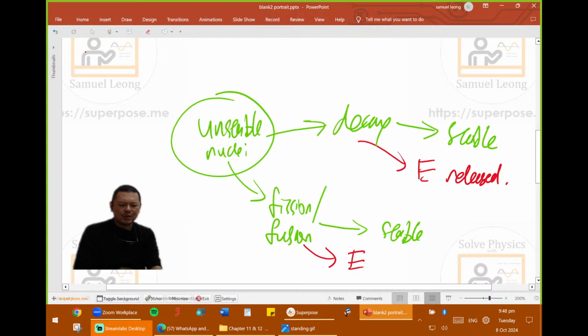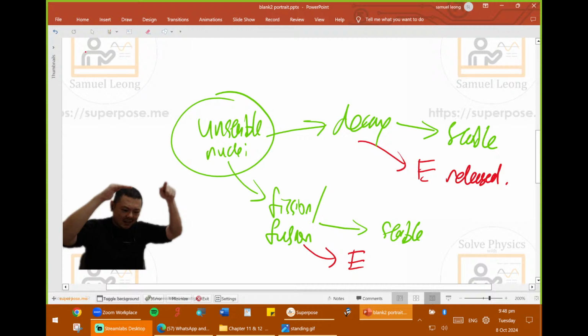Yeah. So it's the energy levels thing. If your reactants have high energy levels and it's an exothermic reaction, it will have to release energy to become a stable product, a lower energy level.